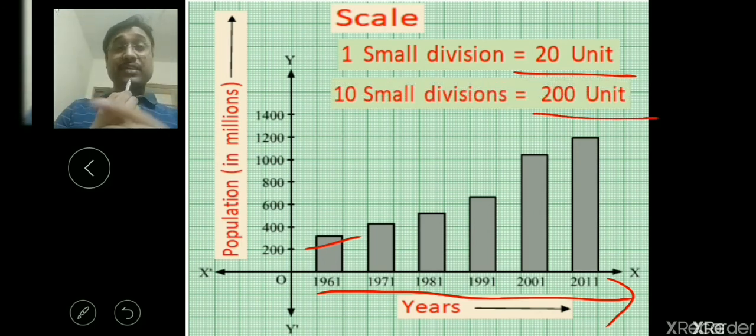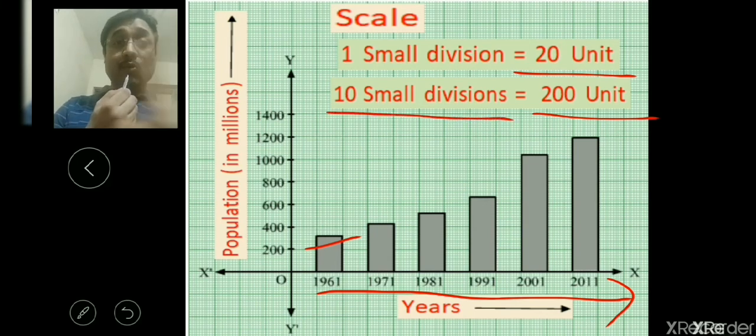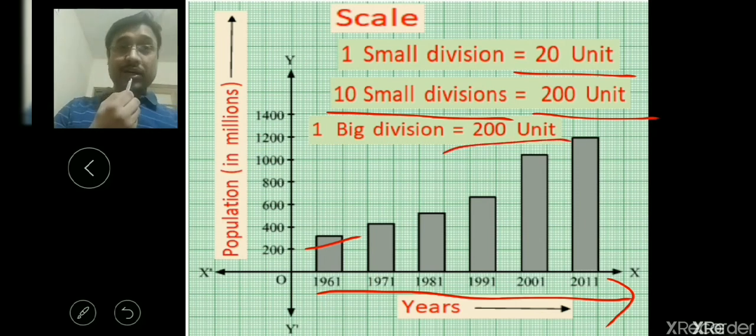Now why am I saying 10 small divisions? Can you understand this? 10 small divisions make one big division. That is also one of the scale factors. So one big division equals 200 units.